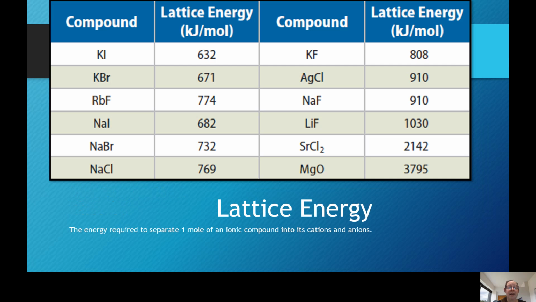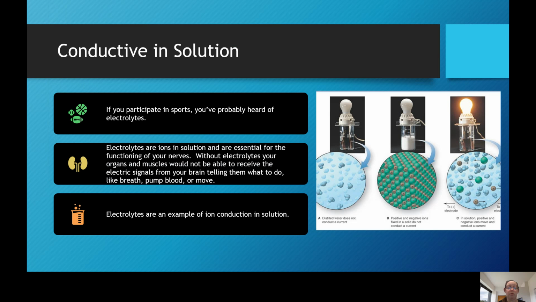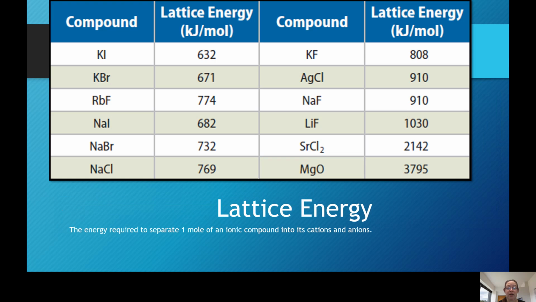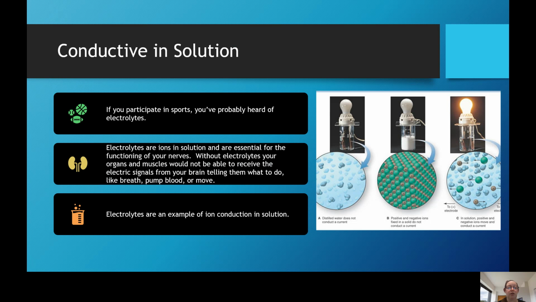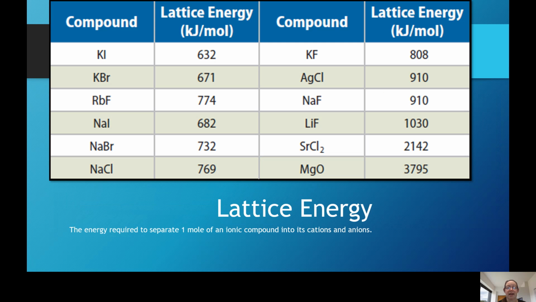Okay, and this plays into the lattice energy as well. Lattice energy is the energy required to separate 1 mole of an ionic compound into its cations and anions. Okay, so lattice energy is also directly related to the size of the ions in the compound and how well their unbonded charges match.